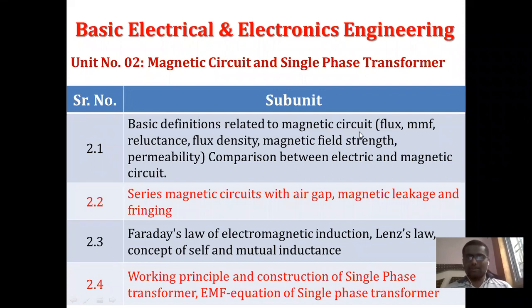Now, in that basic definition, what are the concepts? Write it down in a bracket: flux, MMF, reluctance, flux density. The next point is magnetic field strength.